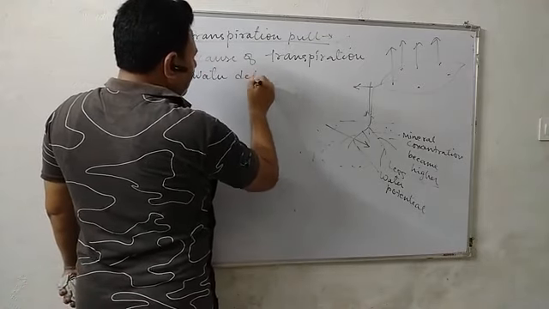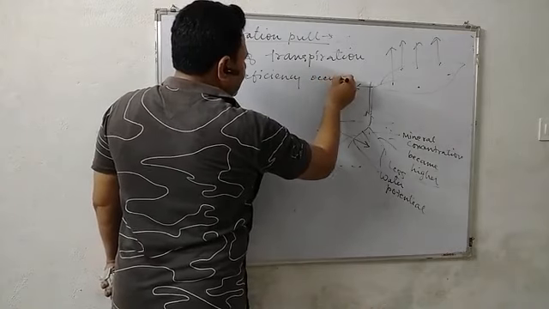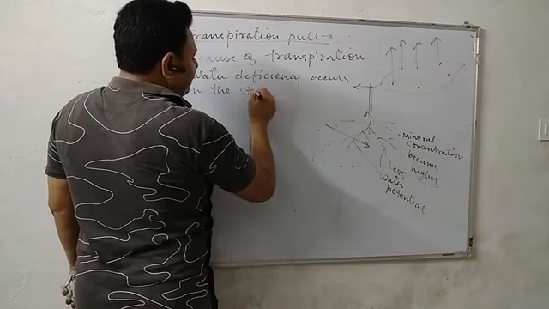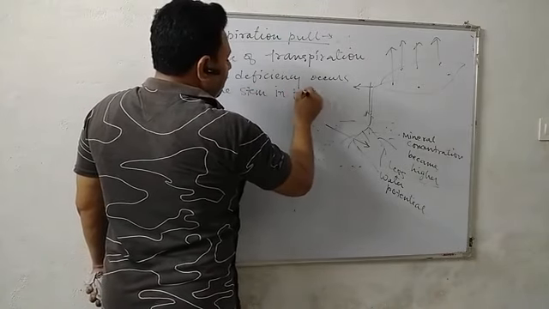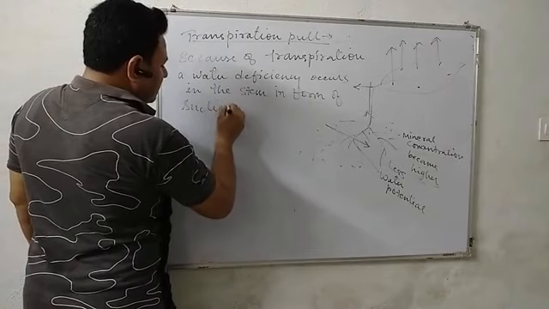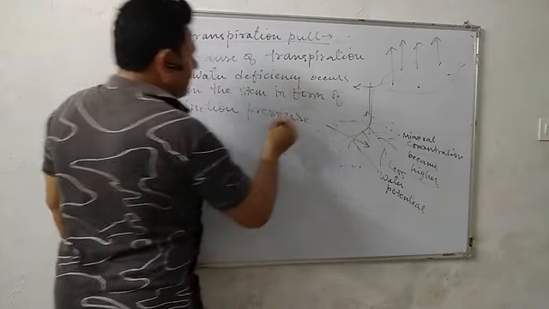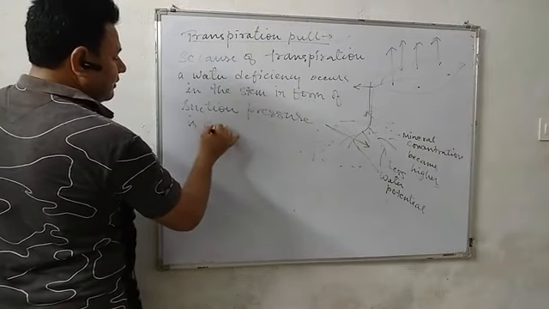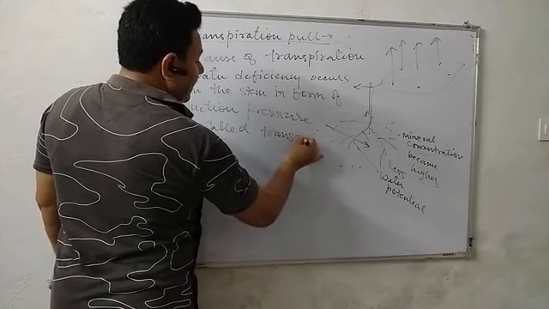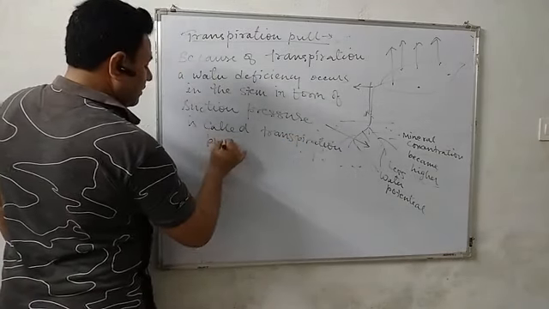Water deficiency occurring in the stem in the form of suction pressure is called transpiration pull.